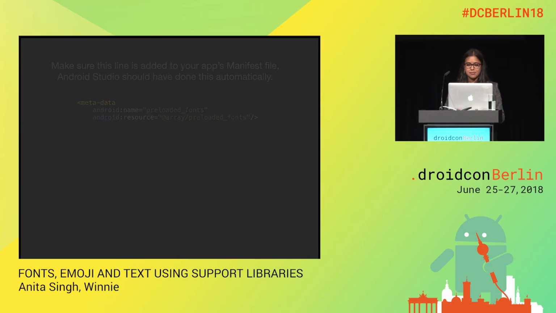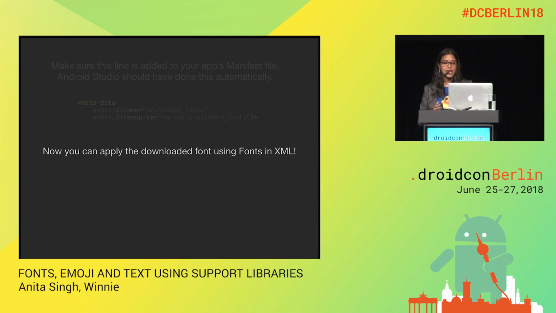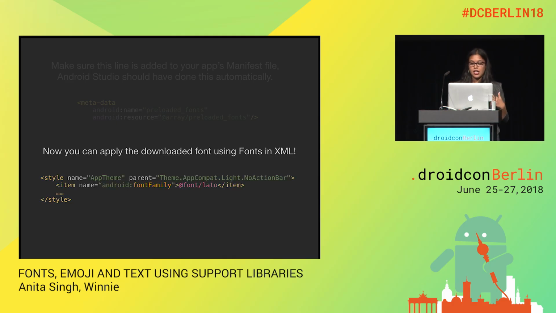And once this is done, you're ready to apply the downloaded fonts to your layouts, and you would do it the same way you would earlier, where you can just set the font family in your app theme, and all the custom text views in your app will have this font applied to it. So pretty simple. Android Studio basically generates everything you need, and you just need to apply it and just check that things went well.